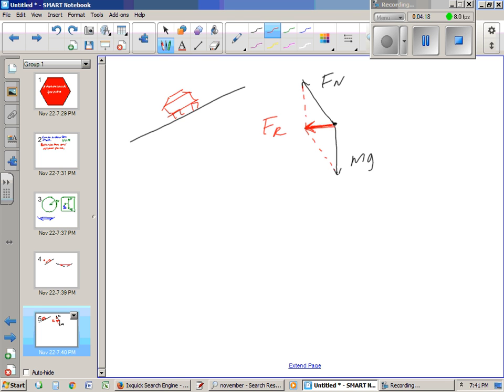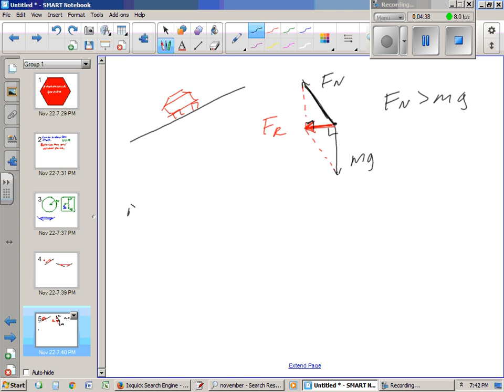So what's the difference here? Why is Fn larger? Well, if this is a 90-degree angle and this is a 90-degree angle, Fn here is a hypotenuse, so it has to be larger than any of the other sides. For example, Fn must be larger than mg.